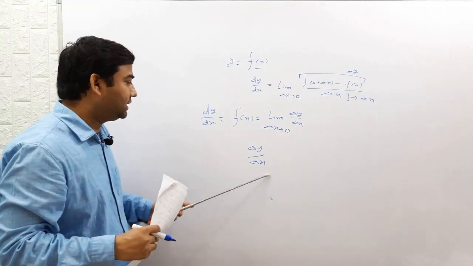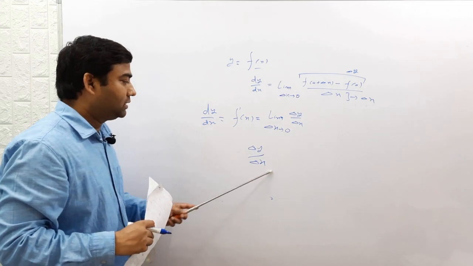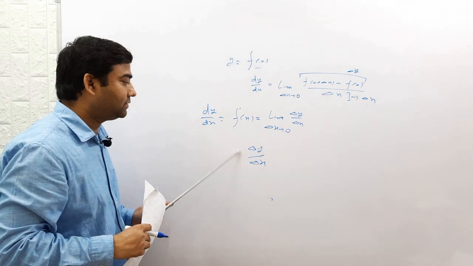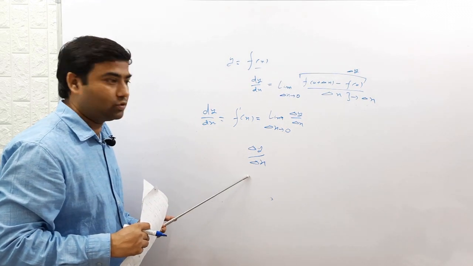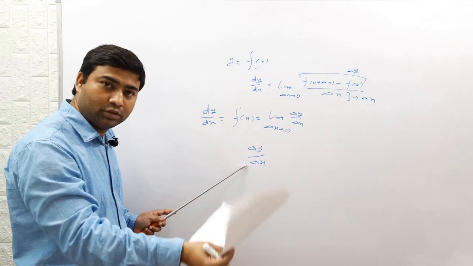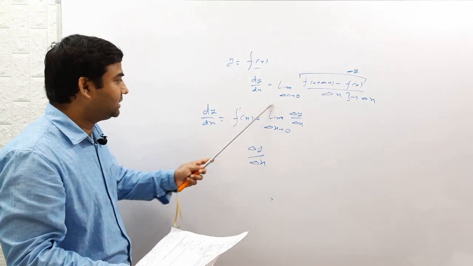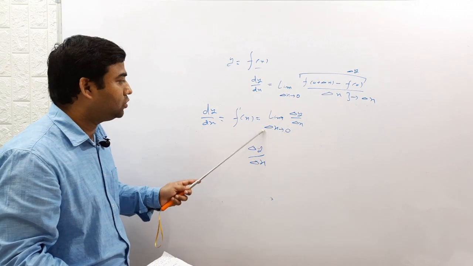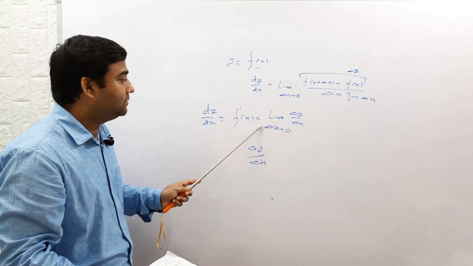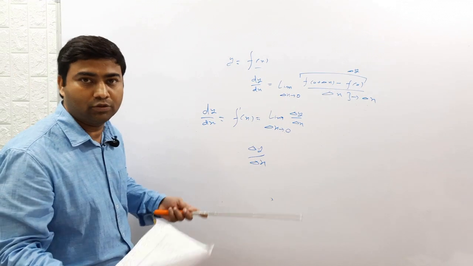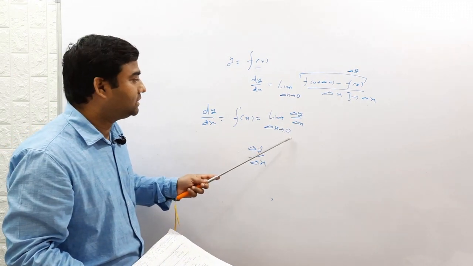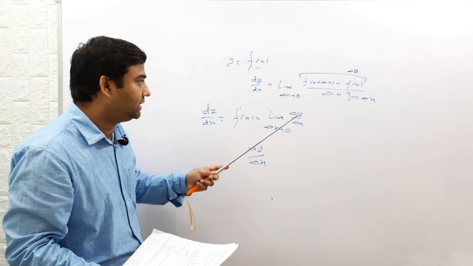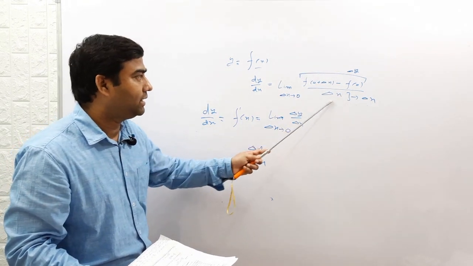Similarly, this delta y over delta x is an average ratio of changes, just like average velocity. That was not equal to instantaneous velocity, and this is the instantaneous rate of change, the limiting ratio of changes in y and x, delta y and delta x.